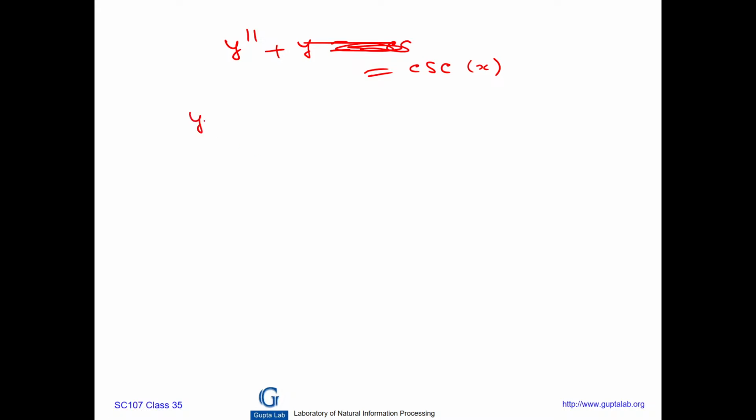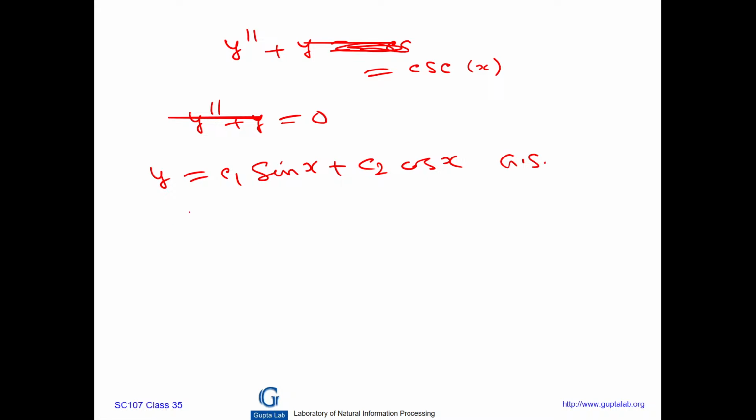So homogeneous equation is y double dash plus y is equal to 0. So general solution is c1 times sin x plus c2 times cos x. General solution of the homogeneous equation, right? So Wronskian of y1 y2 is -1, which is not equal to 0. This is y1, this is y2, right?